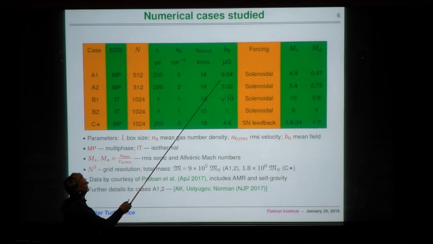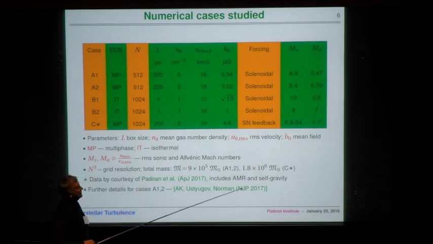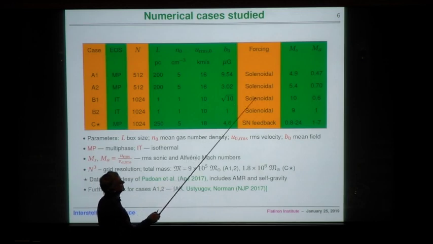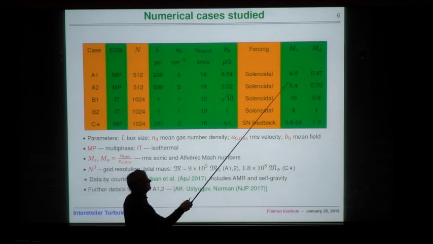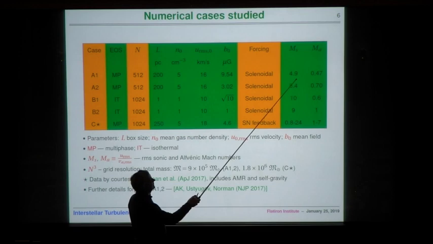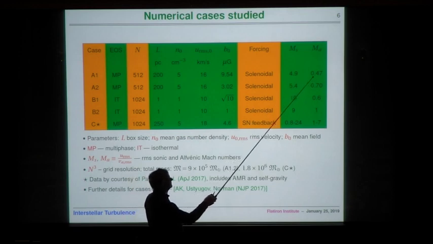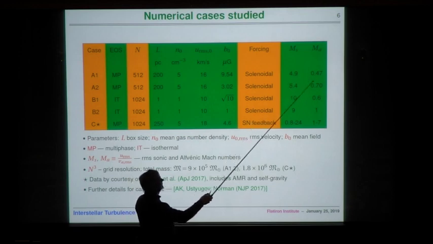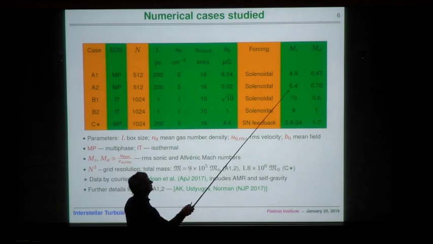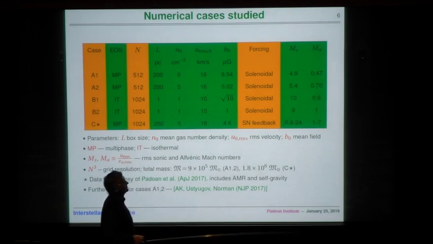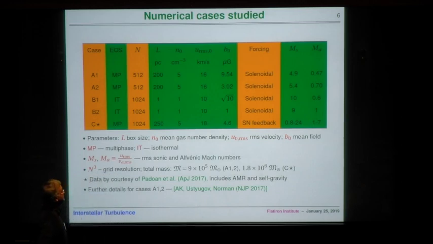And so then the mean field values are about 10 and 3 microgauss. We are using solenoidal forcing in both cases, and the mean regimes in terms of sonic Mach number and Alfvénic Mach numbers are like this. So 5 and 0.5. In this model, we have 5.4 and 0.7 for the Alfvén Mach number.